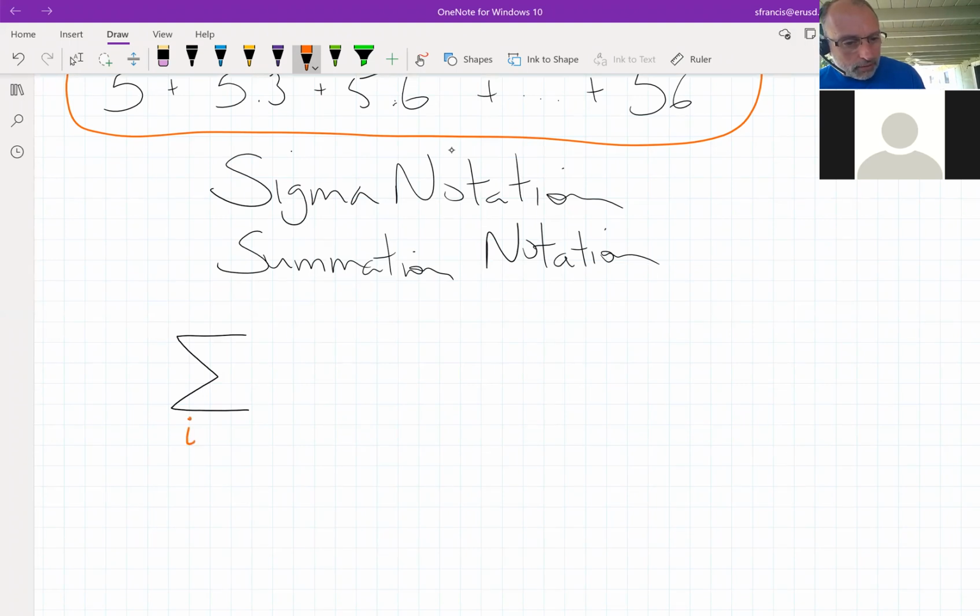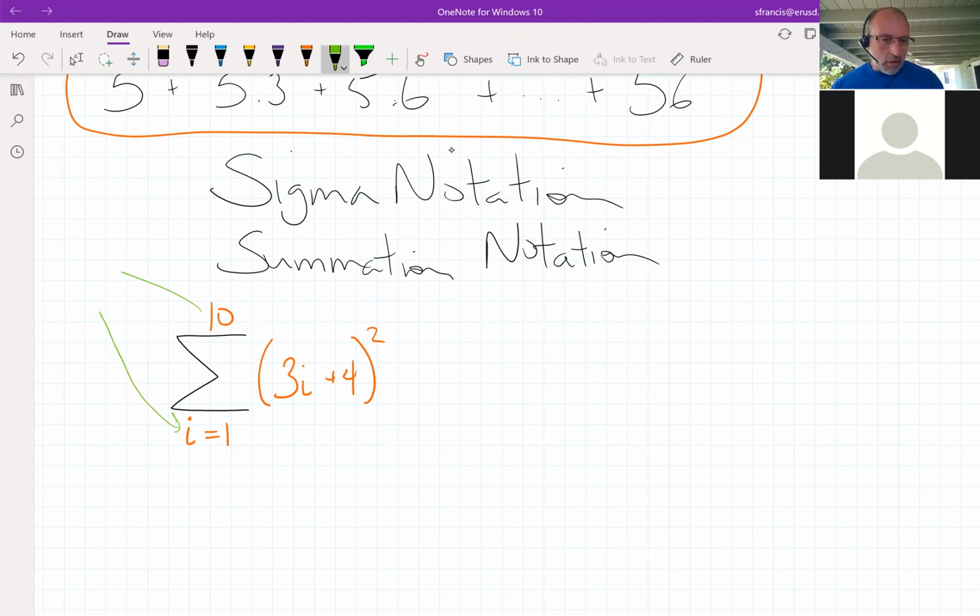Let me show you what the structure looks like. So the structure could look something like this. This is an example of some sigma notation or summation notation. Now, what do all these things mean over here, or what are they called?